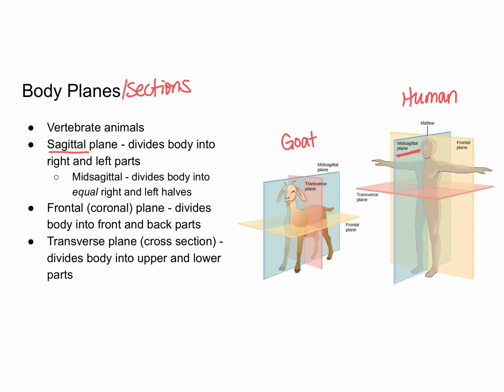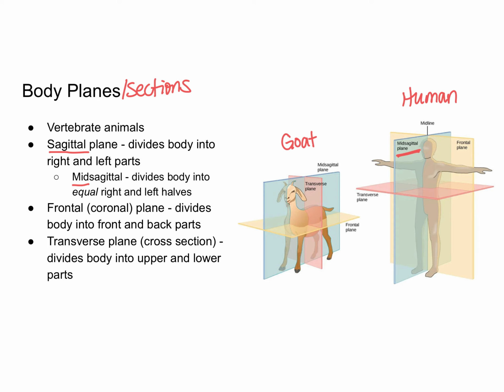Now the mid-sagittal plane produces equal right and left halves. So sagittal would be anywhere kind of along that same plane, but mid-sagittal is specifically right in the middle, which would divide the organism into left and right parts.